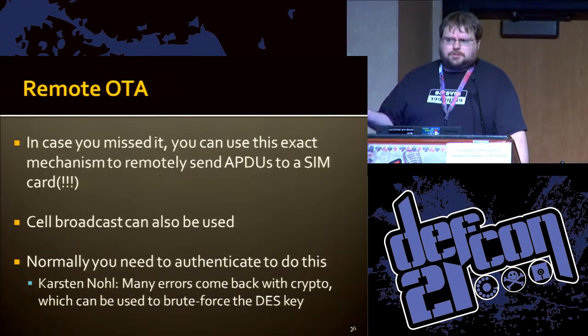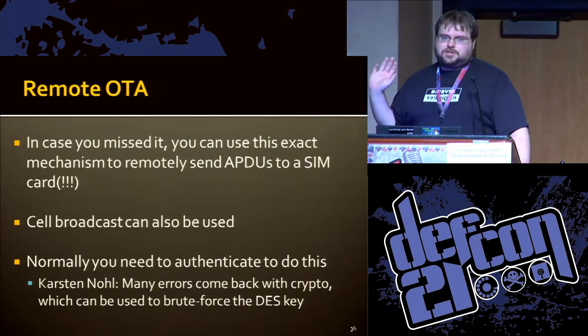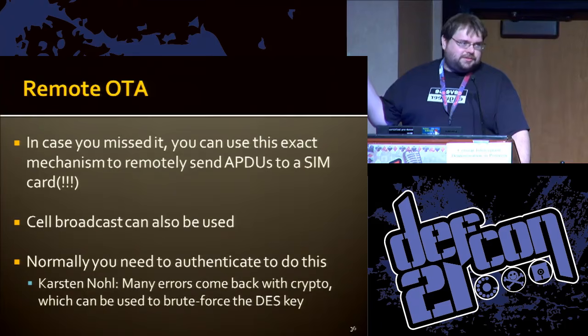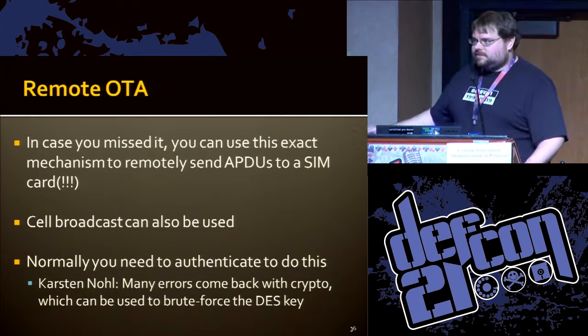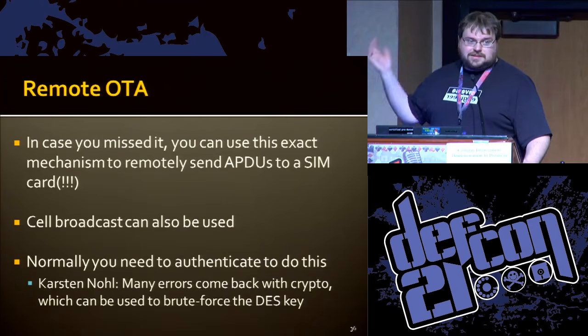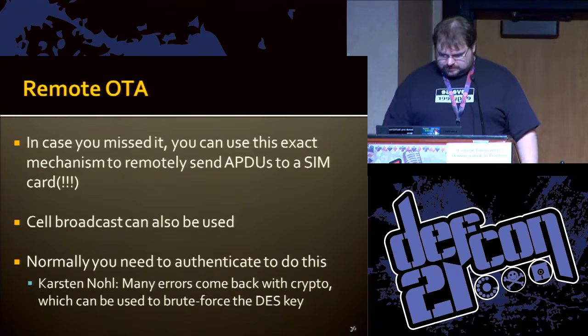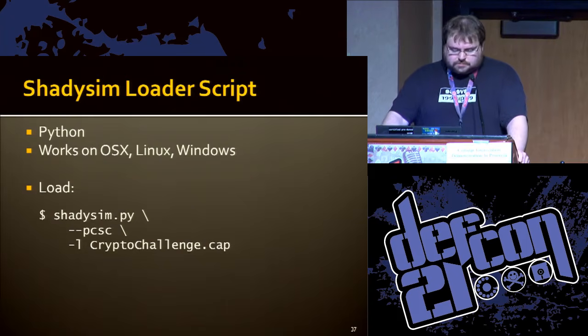So it's basically a broadcast SMS. And so carriers could actually use this to broadcast installation messages and push apps out to your phone. As I said, normally you need to authenticate to do this. If you want to learn how to do it without authenticating or knowing the private keys, go see Karsten Nohl's talk.